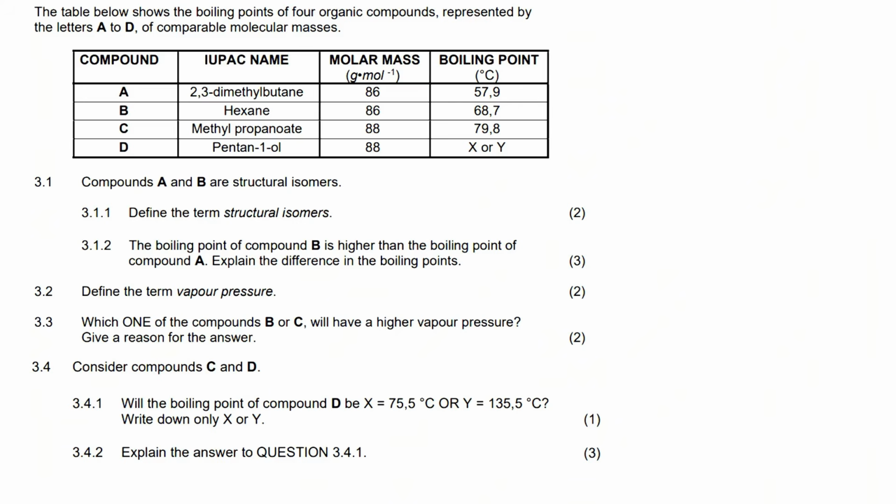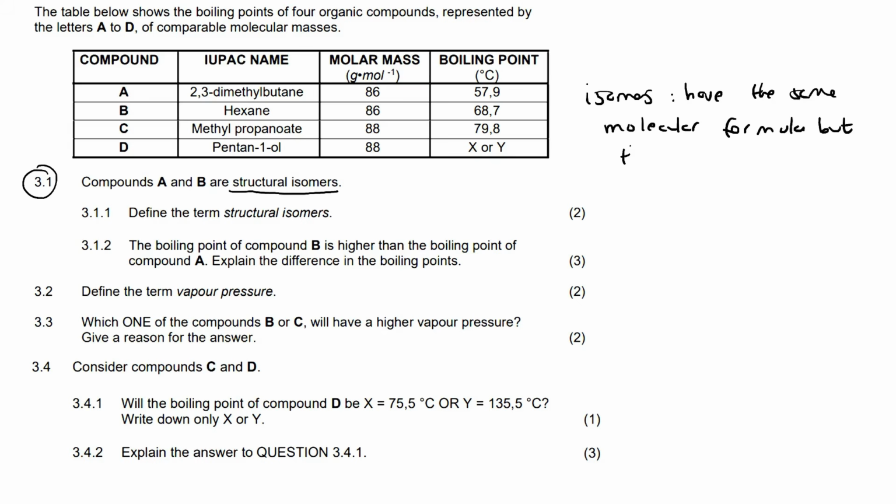All right, so it says 3.1, compounds A and B are structural isomers. Okay, so they like to talk about isomers in these exams. So remember, isomers have the same molecular formula, but the structure is different.